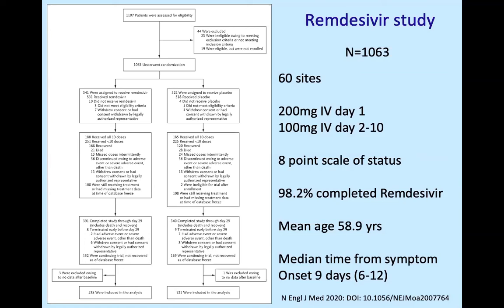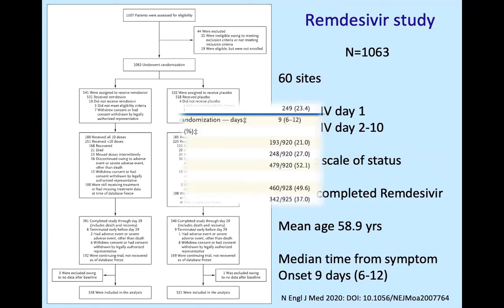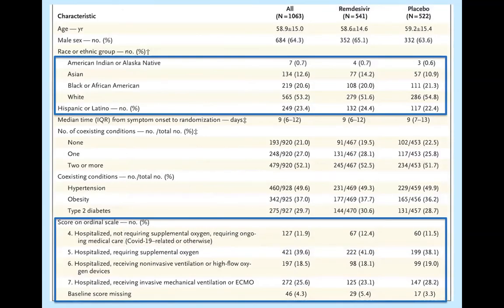The median time from symptom onset to starting the Remdesivir was 9 days, so reasonably well into the illness. Now, this is a multi-center study. Interestingly, of the patients that they recruited, only 53% were white, of whom a quarter, give or take, were Hispanic. So not a very United Kingdom population.